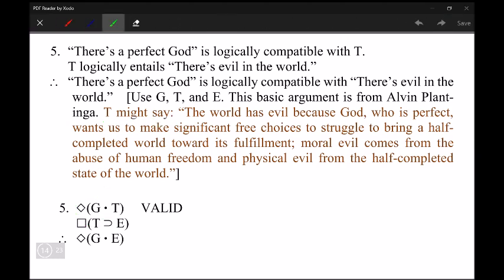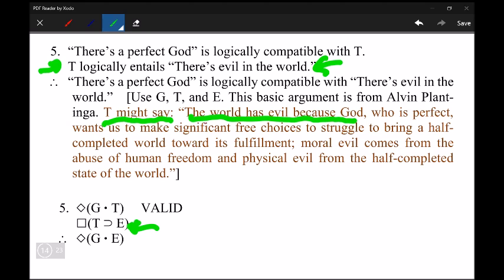And the second premise says T logically entails that there is evil in the world. And why does it do that? Well, because of how you formulated it. T says the world has evil because, and that entails that the world has evil.